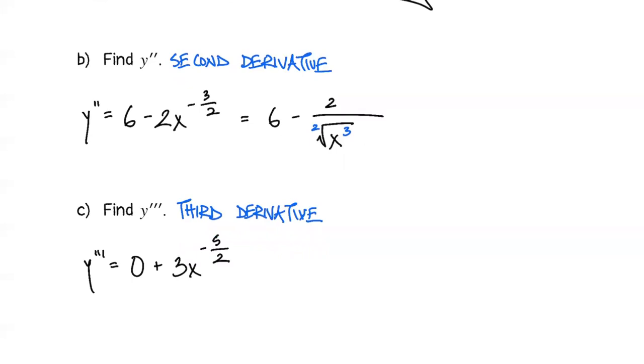The derivative of that constant, exactly. Now, why did I have a negative 2 here and all of a sudden I got a positive 3? How did that happen? Good. I had a negative 2 and I multiplied it by negative 3/2. And so negative times a negative is a positive.